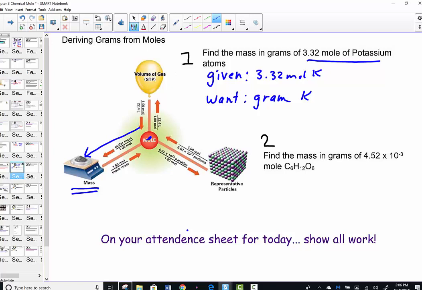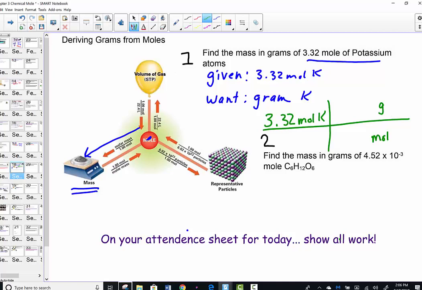My work would look like this. I'm going to start by writing 3.32 moles of potassium. I want to then set up a conversion factor, and some of us like this railroad track. I want to set up this conversion factor that cancels the moles and brings me to the gram.